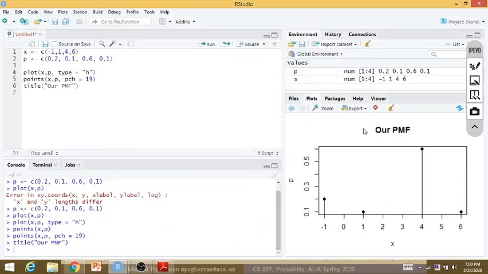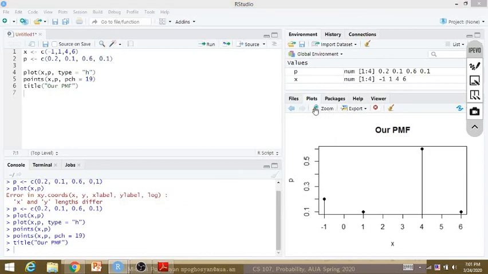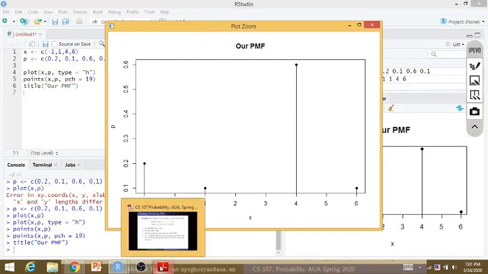You can also export it in PDF format or in any image format. Okay, so the next problem was to give the frequentist interpretation for this random variable, what this random variable means.